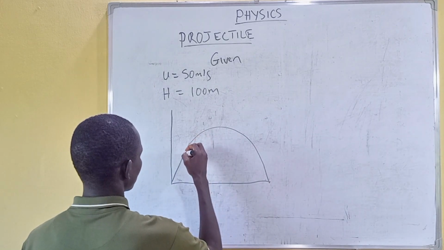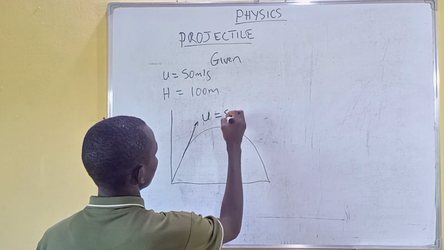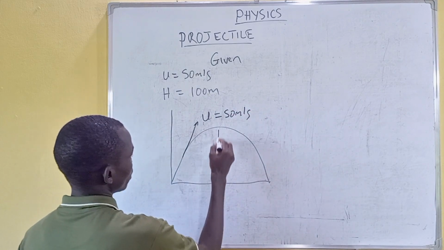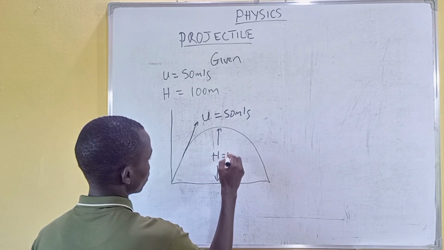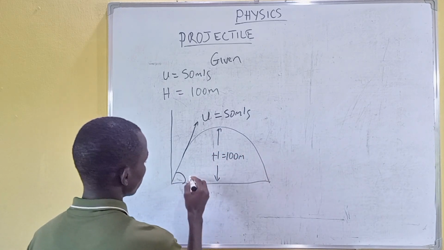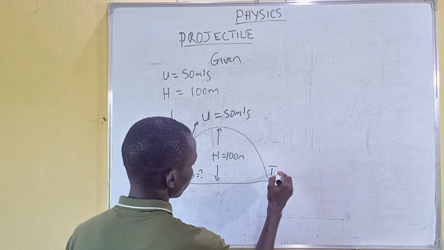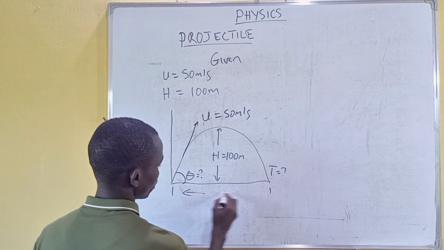We are given our initial velocity as u equals 50 meters per second. Here is the height, which is equal to 100 meters. We are asked to find the angle of projection, the time of flight, and also the range.